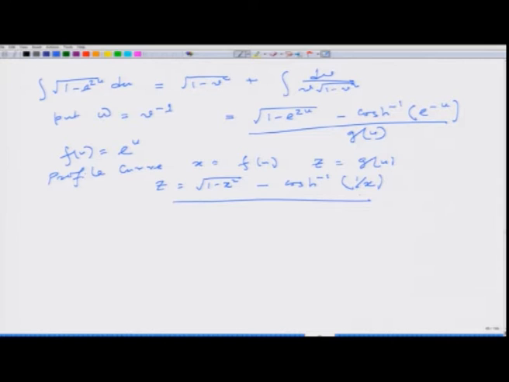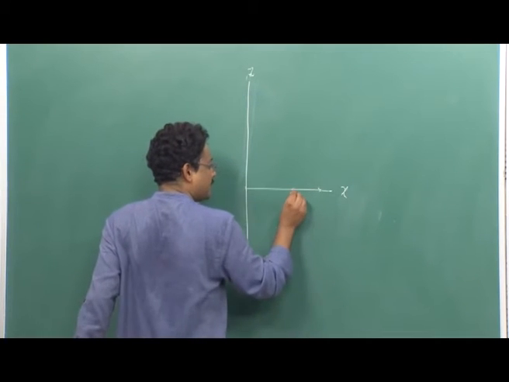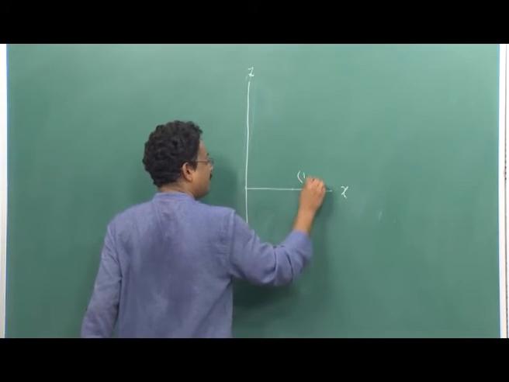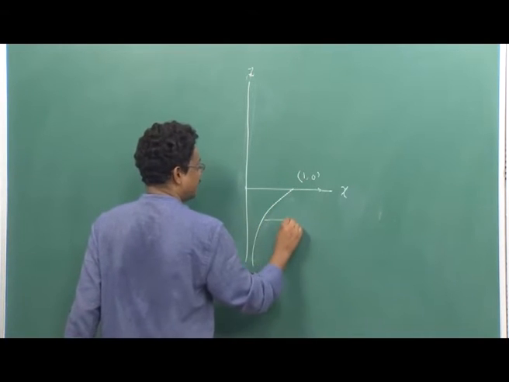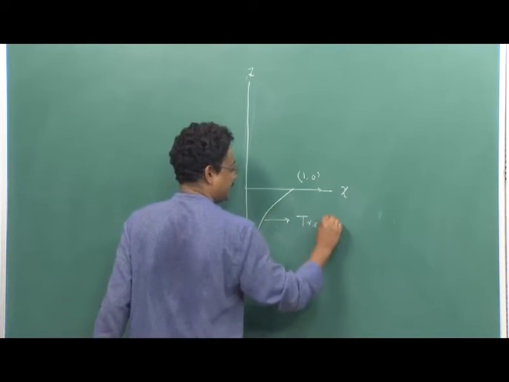So, this curve passes through 1, 0 in the x z plane. This is the point 1, 0, and such a curve has a name, it is called tractrix.